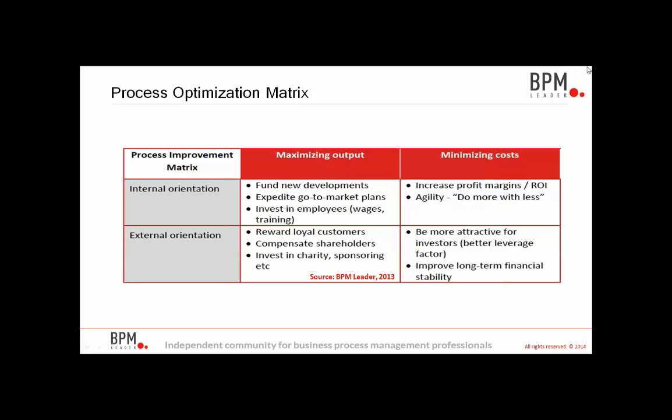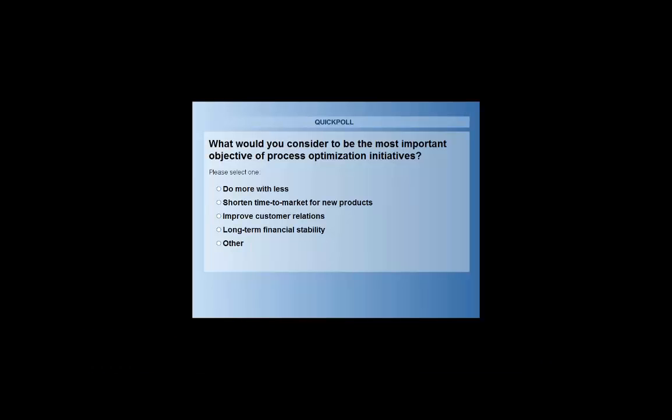And this brings me to a second poll I would like to put up quickly. So, what would you consider to be the most important reason to start an optimization initiative? And please click the answer that best matches your ideas.